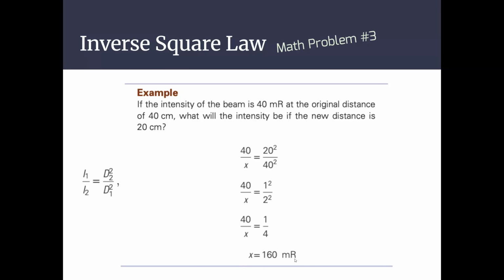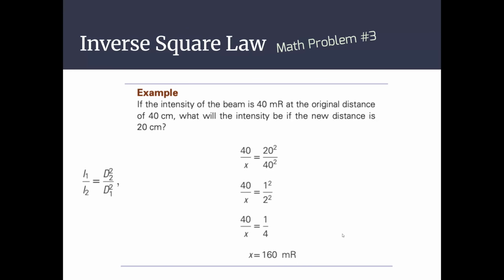The other thing I was going to add about algebra is that you always have to keep your numbers consistent. It doesn't matter if you are using milliroentgens or milligrays or any of the other units. You just have to keep using the same thing on both sides. So if I told you that it was 40 centimeters and the other one was 20 millimeters, you would need to convert and use either centimeters or millimeters consistently.